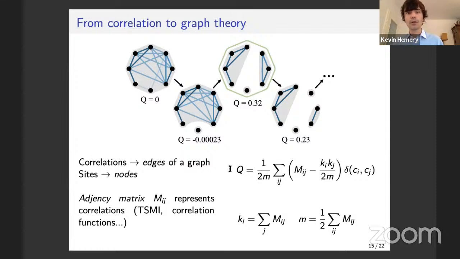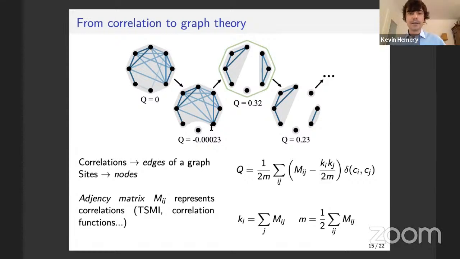And since we have this tool, with the partitions that we have obtained, we can just cheaply measure the quality factor for every one of these partitions, and then we just have to pick the one which has the highest modularity, the highest quality. Then we have found the best clustering of our state. So in any case, you can generate all the possible clusters, and then all the possible partitions, and then keep the best, right?